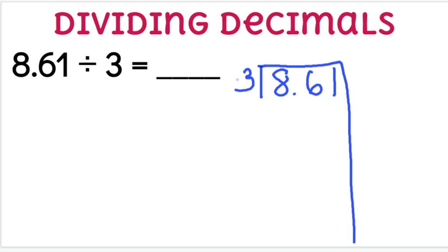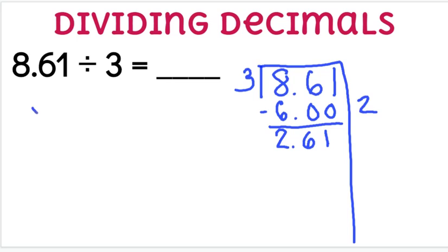And so if I'm thinking groups of 3, well, I can multiply first by 2 because 2 times 3 is 6 wholes. And I, of course, want to add my placeholders to subtract, which means I have 2 and 61 hundredths left. And I know that in the past we've thought about like 3 times 1 would be 3, 3 times 2 would be 6, and 3 times like 5 would be 15.